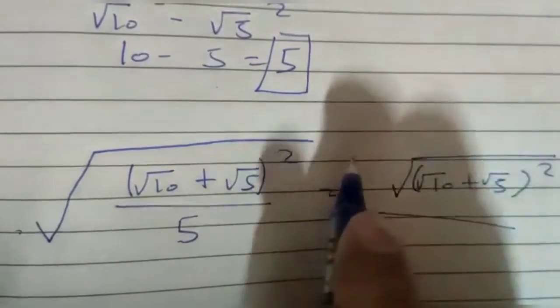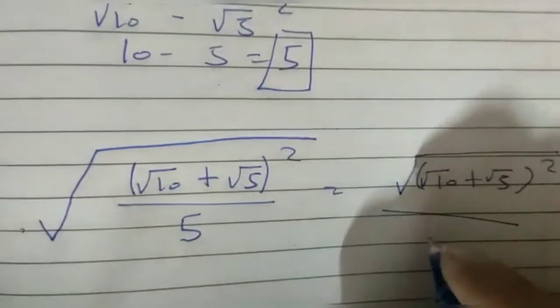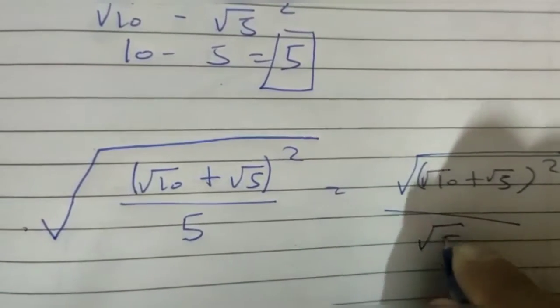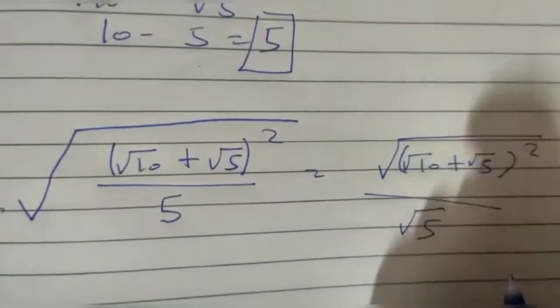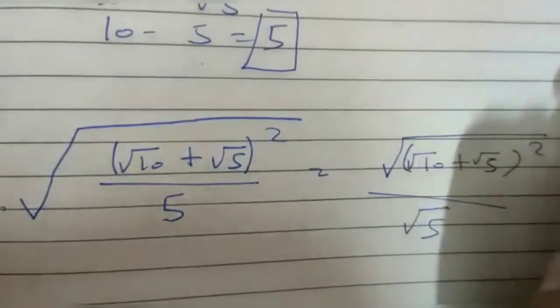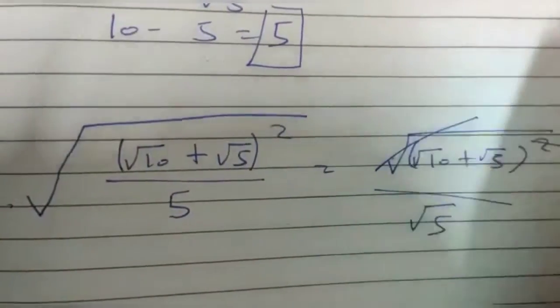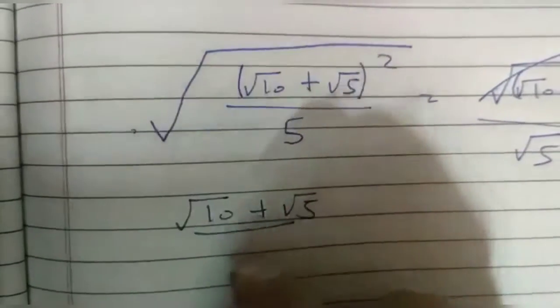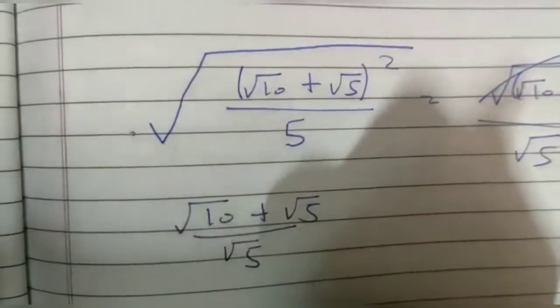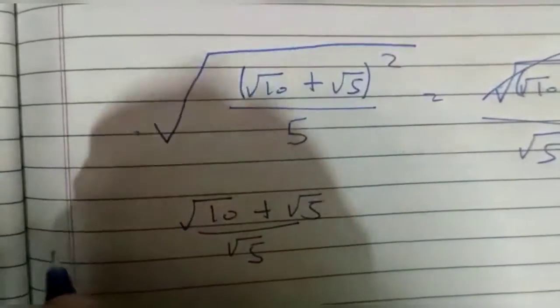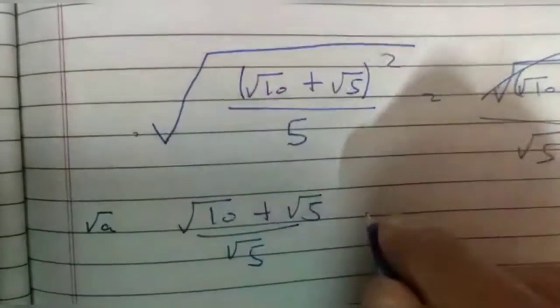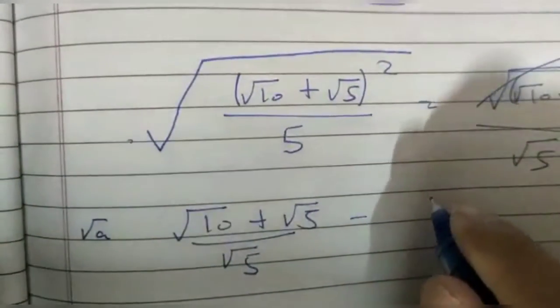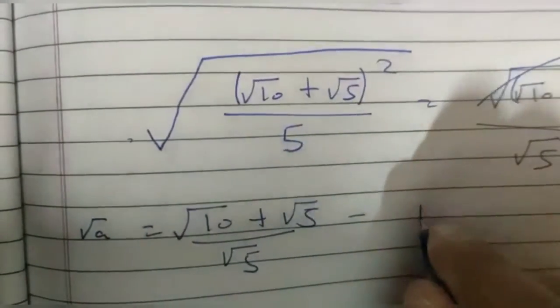This power cuts this sign, and in the denominator I need to write it like this. So here these signs cut each other. So now I am left with root 10 plus root 5 upon root 5. Okay, this is the value of root a. Let me put it as equation number 1.